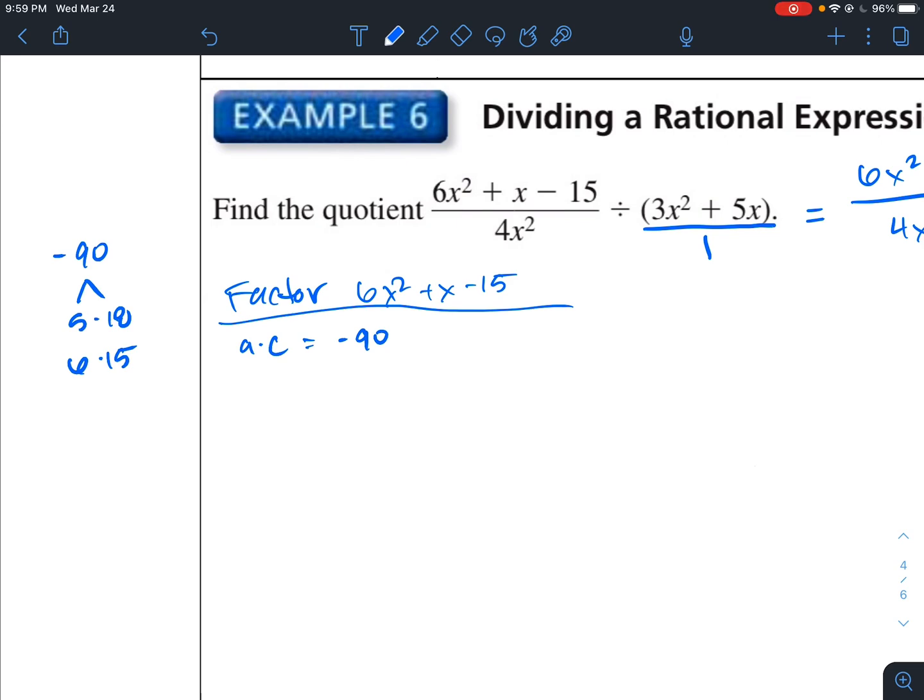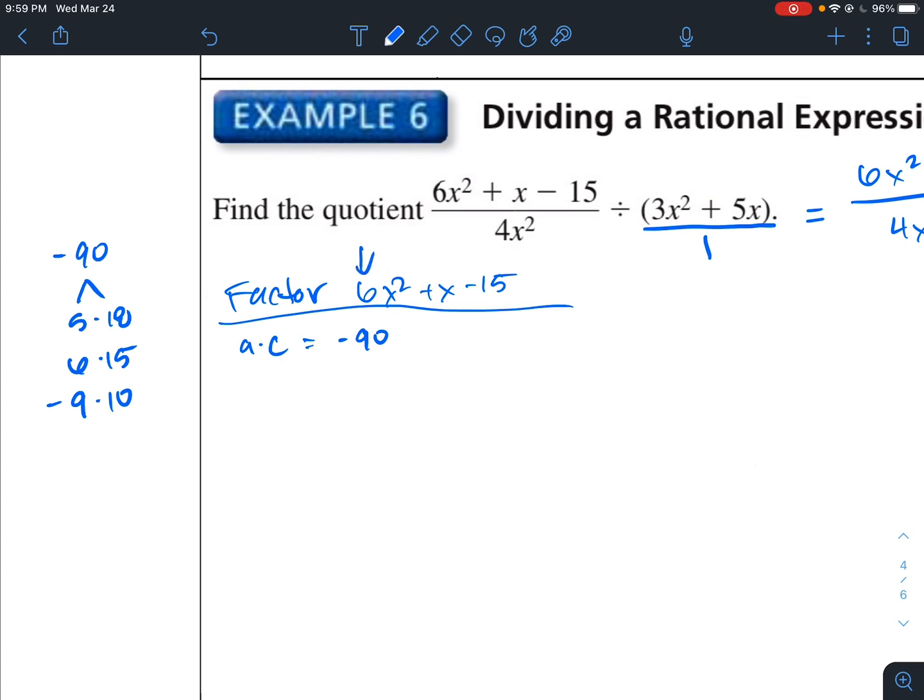So it's divisible by 10, so we can do 9 times 10. Okay. So if it has to add to be positive 1, that would have to be positive 10, negative 9.